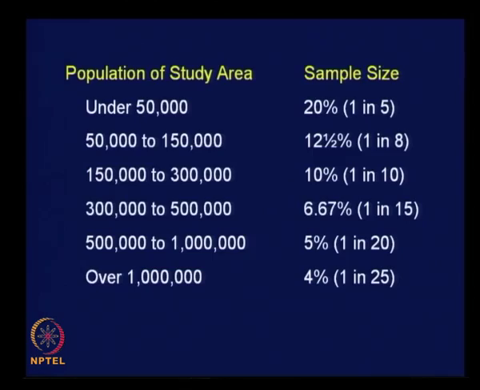See, by sampling we should be able to capture the variations in terms of socio-economic characteristics among the households. That is the purpose. We cannot just leave out one section and capture only one section.